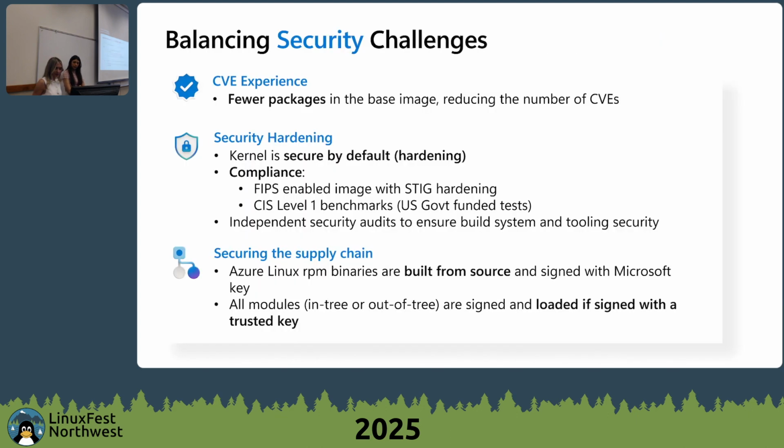Sorry about that. We also offer a regularly patched FIPS enabled image on our container host. And the Azure Linux container host passes all the CIS L1 benchmarks, which are composed of over 200 unique security rules.